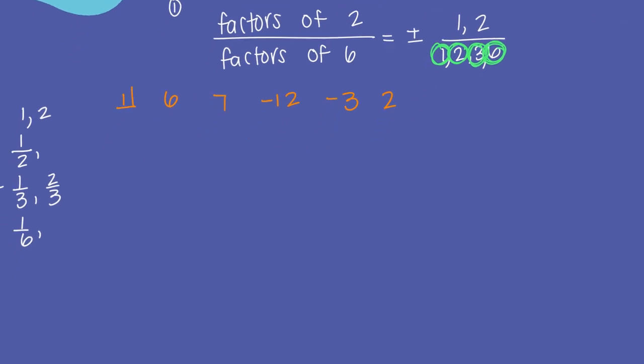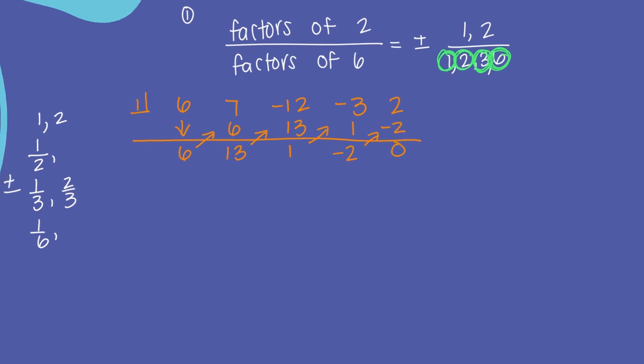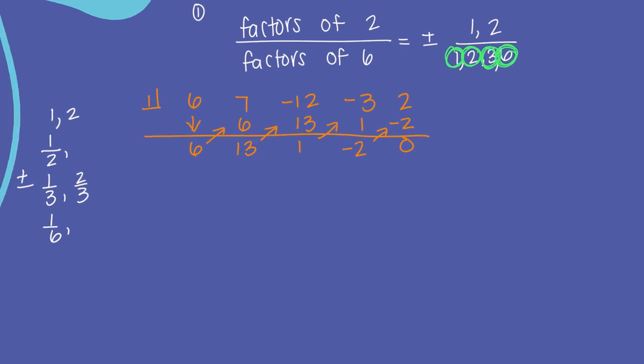Okay, we should know how to do synthetic division. So bring that 6 down. 1 times 6 is 6. I'm going to get 13. Subtract, I'm going to get 1. I'm going to end up with negative 2. Is 1 a possible answer? Is 1 an answer? Yes.